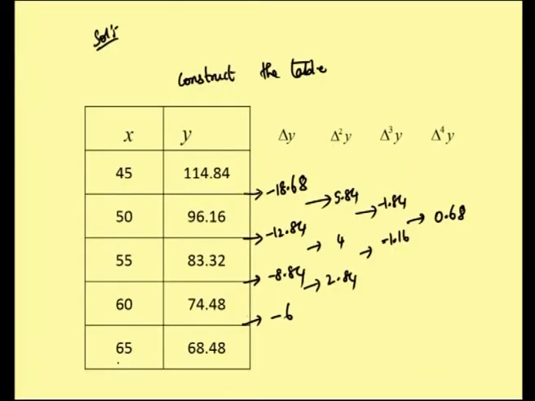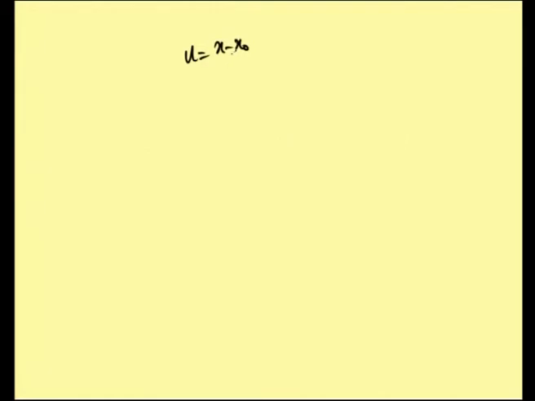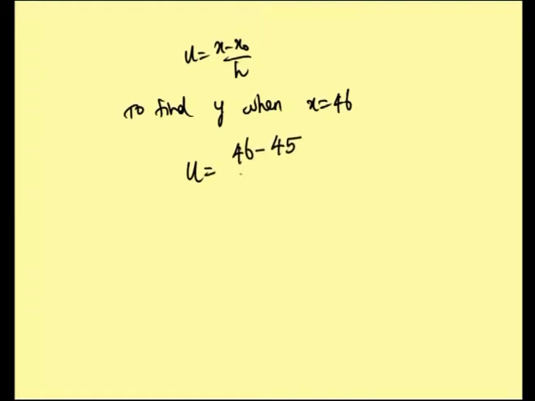So, this is the forward difference table, and we take u is equal to x minus x naught by h to find y when x is equal to 46. So, u becomes 46 minus x naught, the first value, that is 45, and the h difference is 5. So, u is equal to 1 by 5, that is 0.2. And we have all the other values as they are. So, we shall use Newton's forward difference formula.